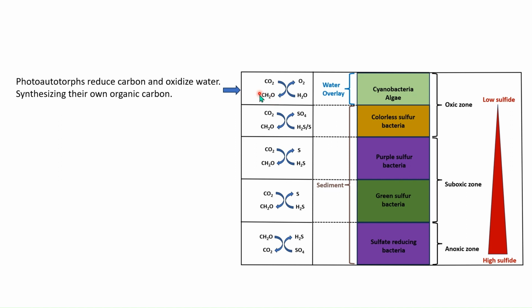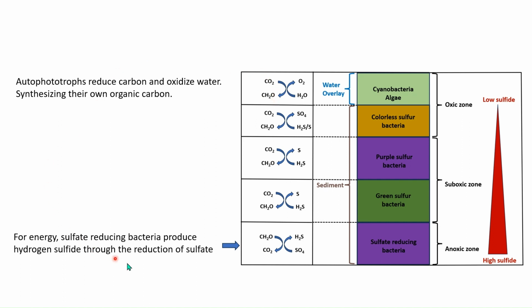CH2O is just a shorthand for glucose because glucose is a carbohydrate. It's hydrated, or it's a water with a carbon molecule. And so we can see the arrows, they start with the reactants, CO2 and water, and they show you what you end up with, oxygen and glucose.